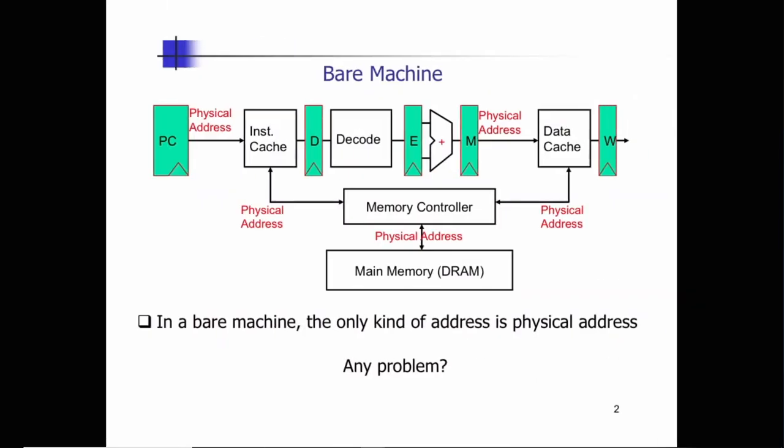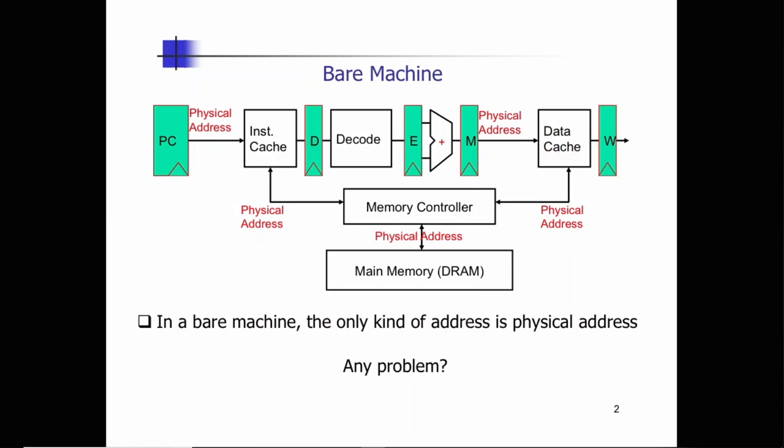So this is sort of a bare machine view. This is our data path that we've been looking at earlier in the semester. We have all these blocks. If I start all the way to the left, I have a program counter, followed by instruction cache, a decode block, an execution block with an ALU, and a data cache, which is part of the memory.